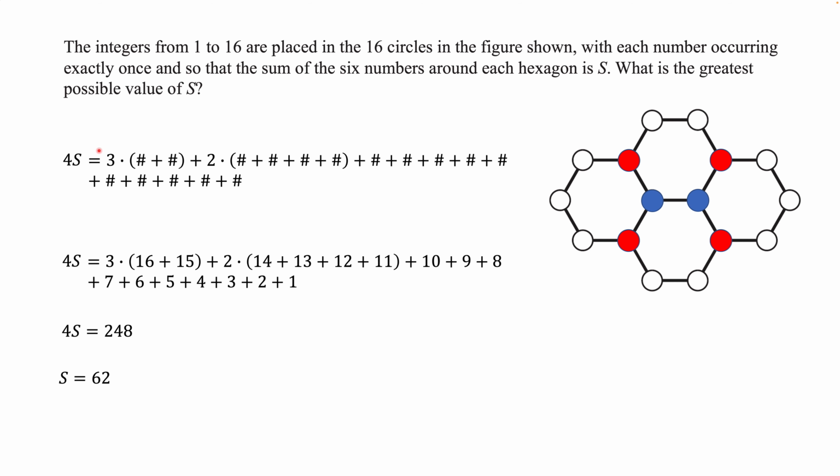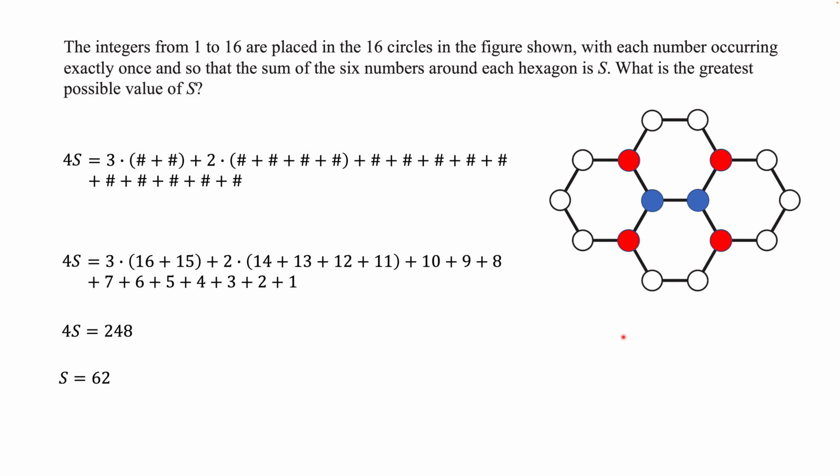All we said was, well, I have this arrangement, I have this number calculated this way. I have 16 numbers from 1 to 16. What is the possible number to get? Well, the biggest possible number to get is 248. Okay? Or for 1s, it's 62. Okay? But we didn't show that this kind of arrangement is possible.